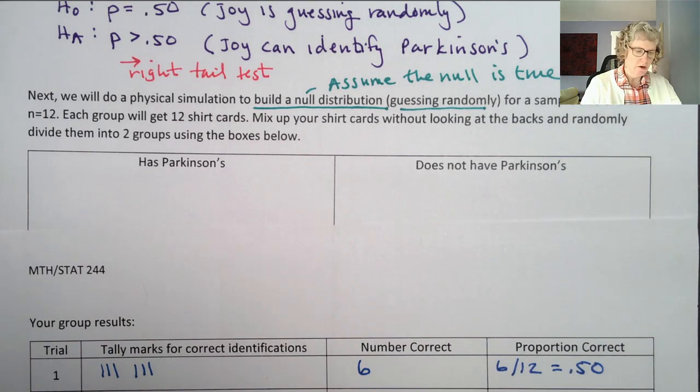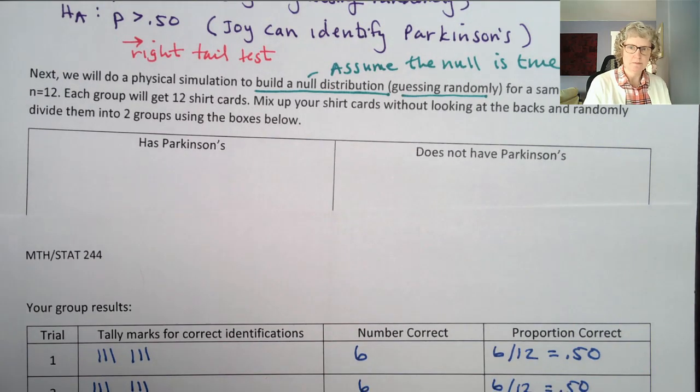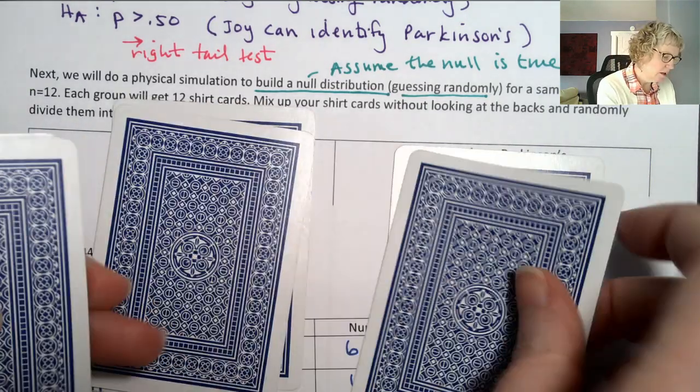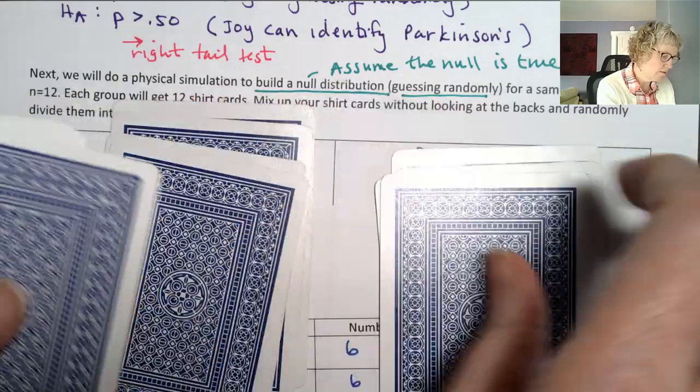Okay, let me do it with the cards one more time. Deal them out evenly to each side.